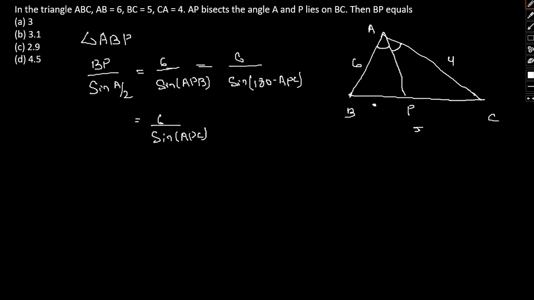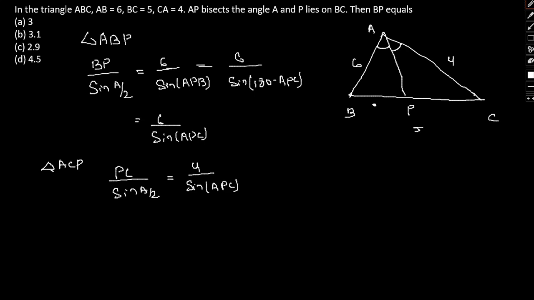Similarly, if we take a look at triangle ACP, what we have here is PC by sine A by 2 equal to 4 by sine APC.